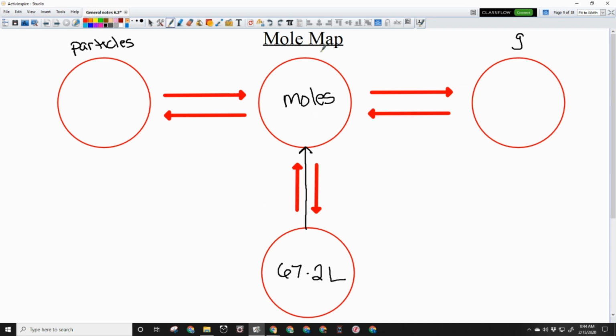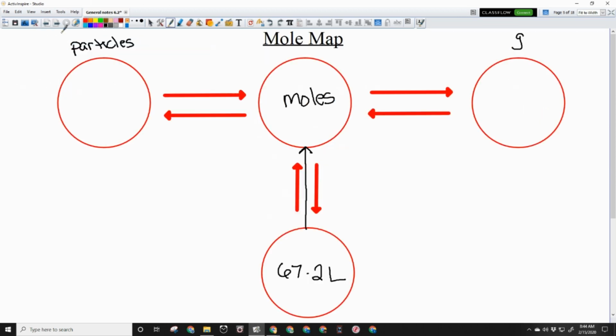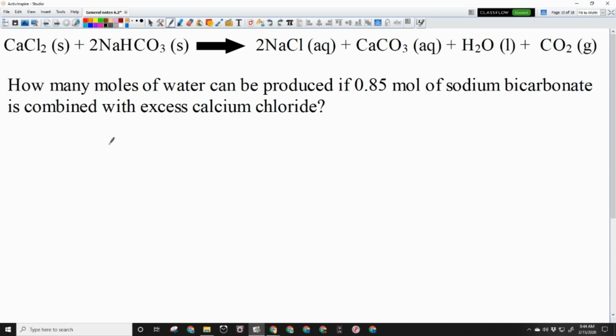So that's why it's important to remember this mole map. It's one conversion between what you have in your chemical equation, and then you use the mole map to convert to whatever units you need for your answer.